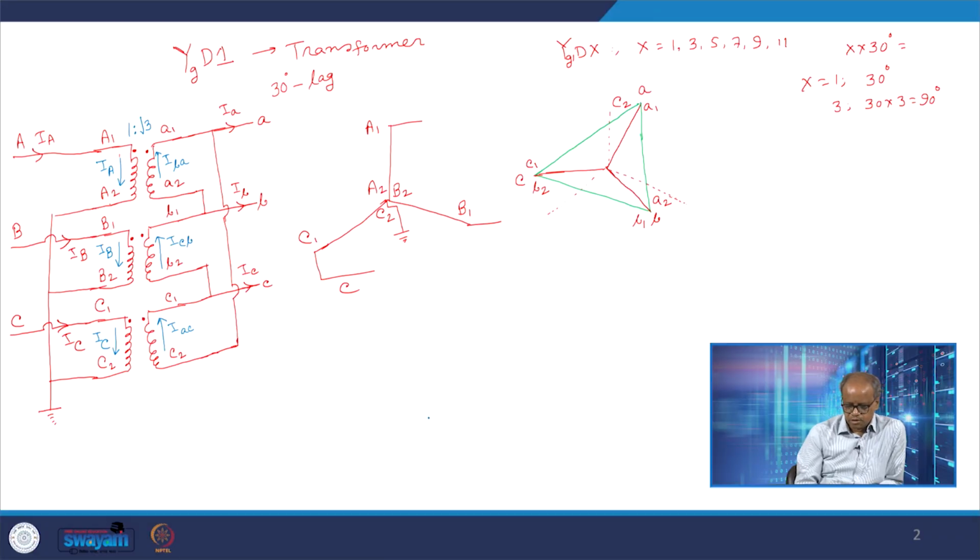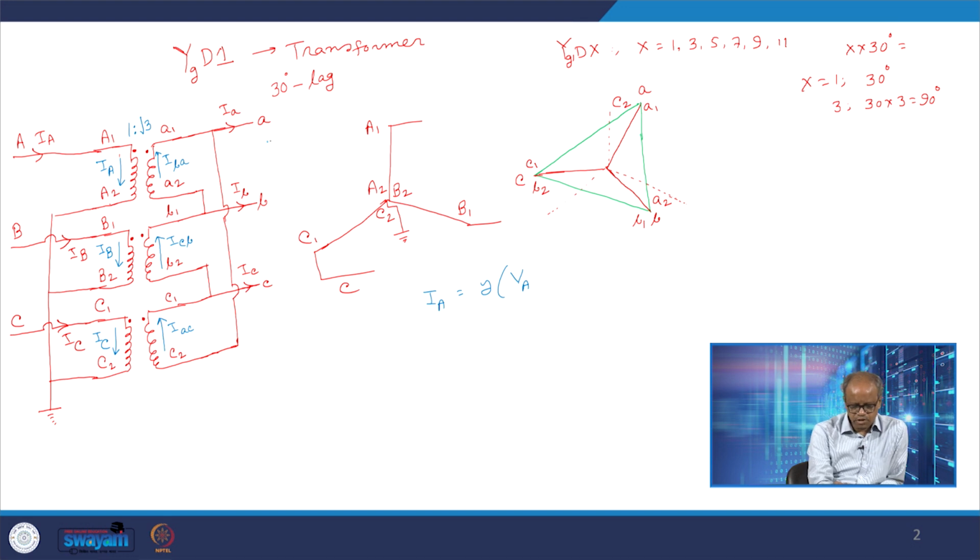Now with this we have to write down the equations. From this I can write down the equation for IA. IA would be nothing but y, as usual, into VA, that is the voltage at the primary side, and the reflected voltage.